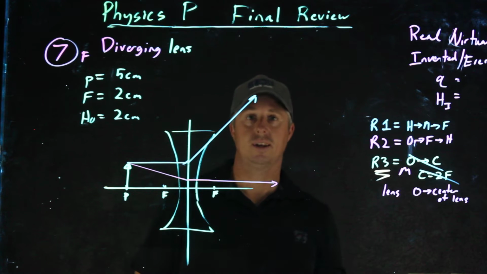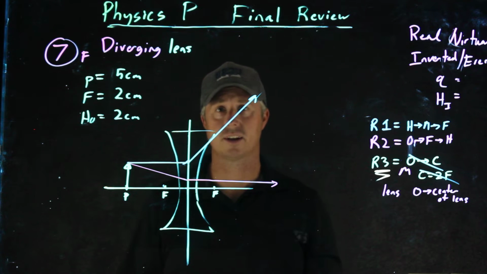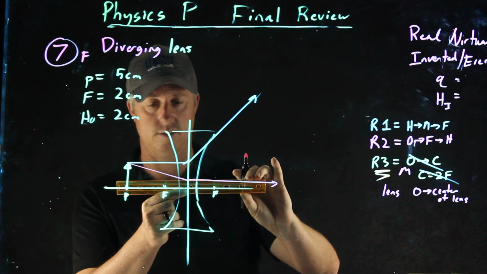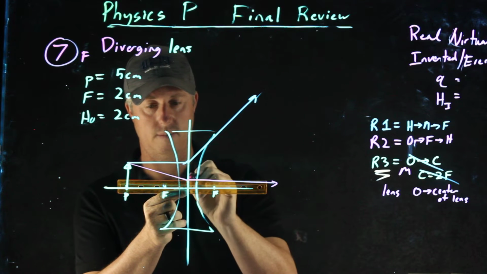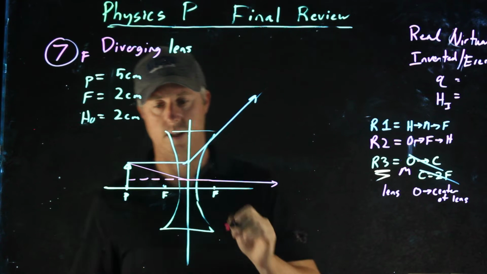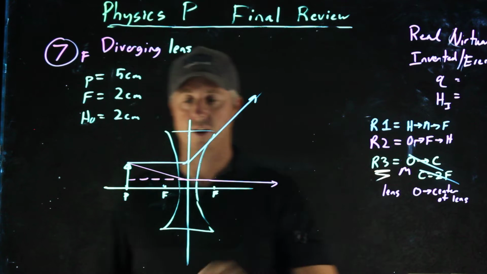I then evaluate. Look, this line and this line are never going to intersect. I need to draw their imaginary or virtual aspects on the other side. So let's pick out this one. That's its imaginary or virtual. I then go back to ray 1 and draw its virtual.